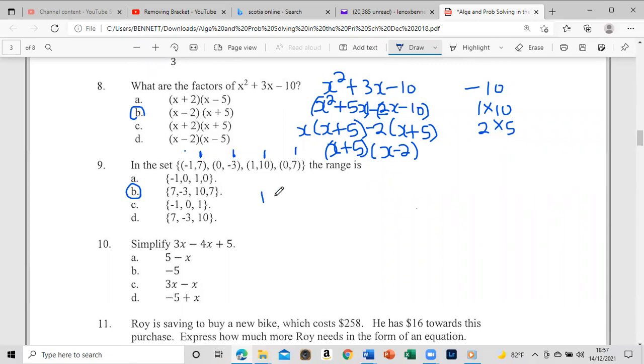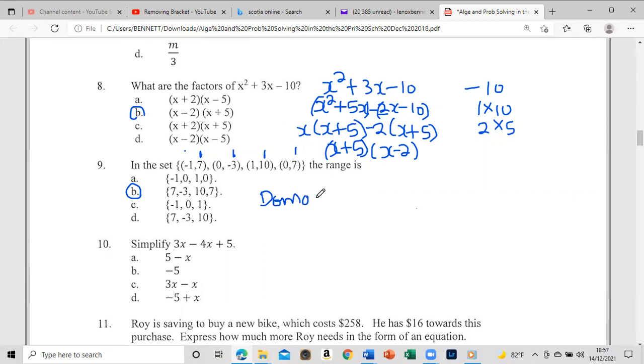The domain. The domain is X, and the range is Y. So most of the time in CSEC, they give you the domain and you have to calculate the range.